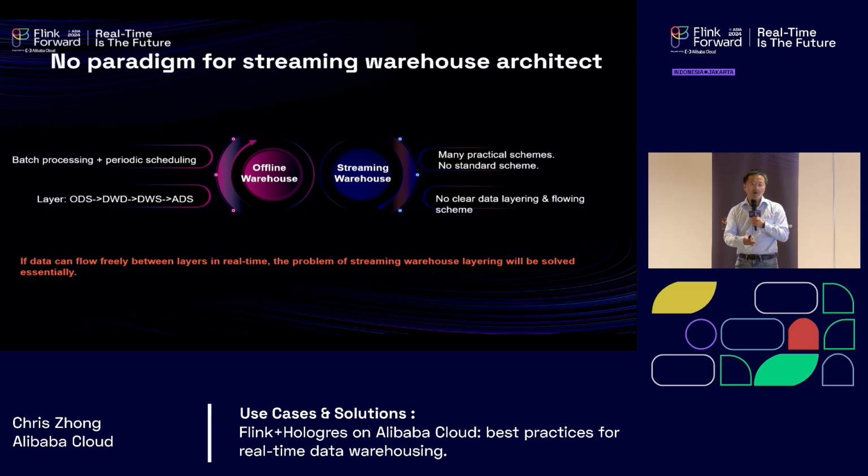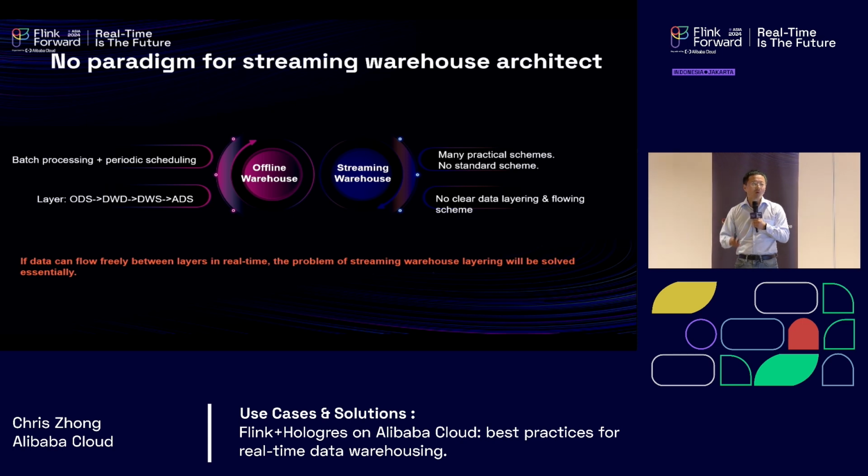But compared to the traditional batch data warehouse, there is not a consolidated scheme for building a streaming warehouse. Because for the batch warehouse, we do the layering, but for streaming warehouse, we have no consolidated paradigm. How to architect a streaming warehouse? How to do the layering to make the data reusable, and how to make the data flow across the layers?